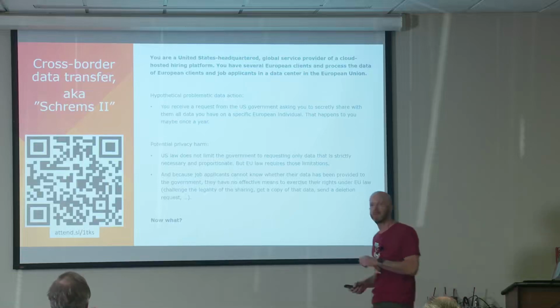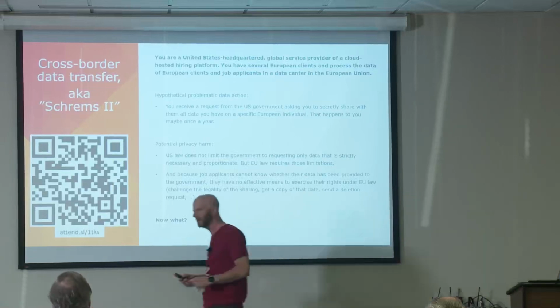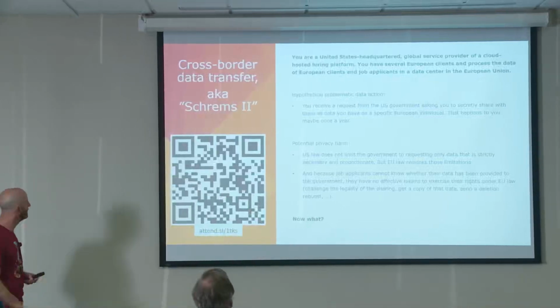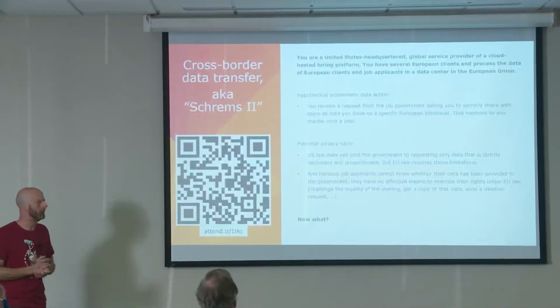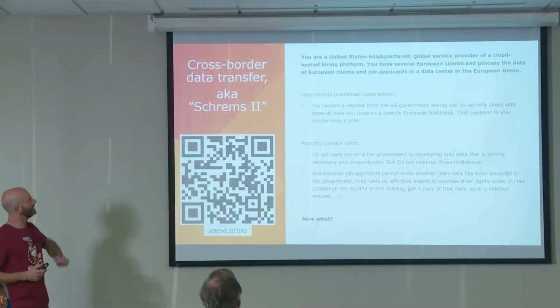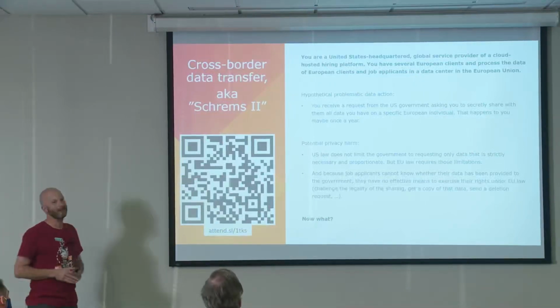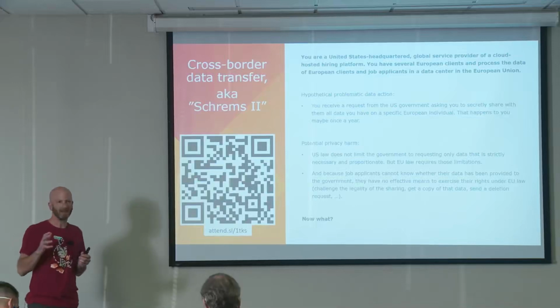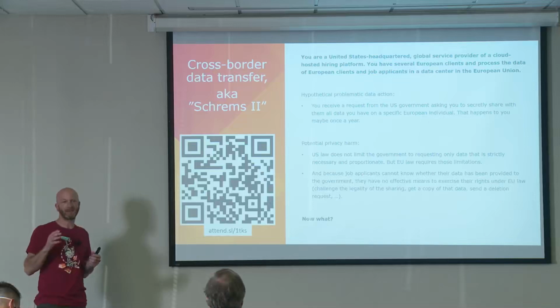We're wandering more into the legal aspects of privacy goals here. And again, I'm not a lawyer, but I'll try to explain this the layman's way. Here is the deal. You are a US headquartered SaaS solution that lets companies process their job applications.